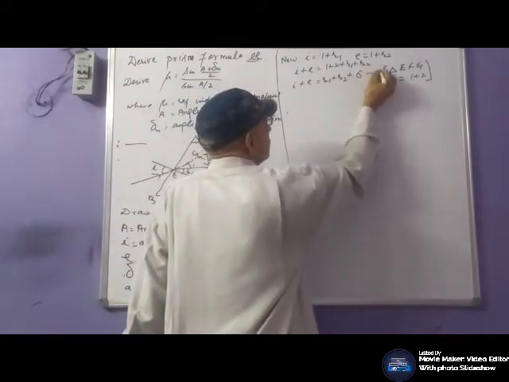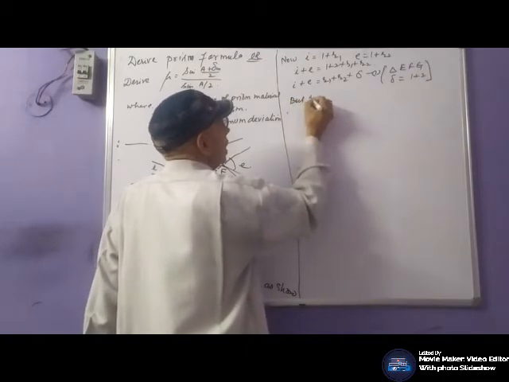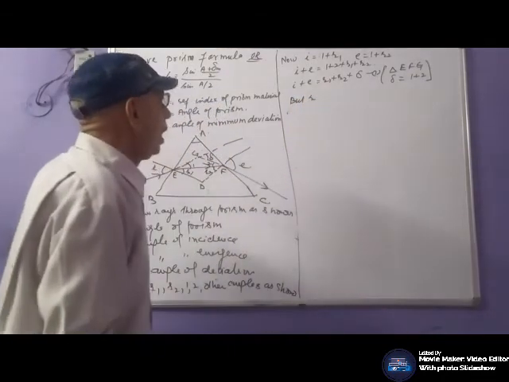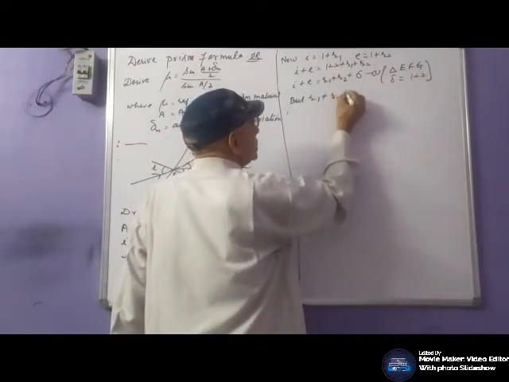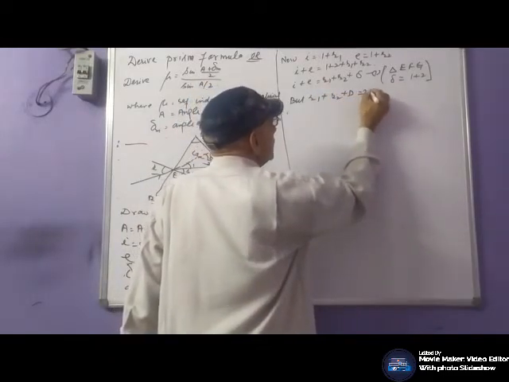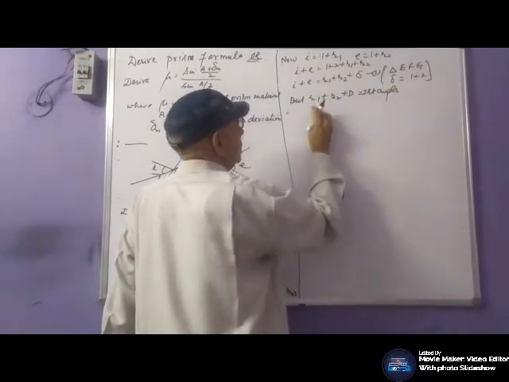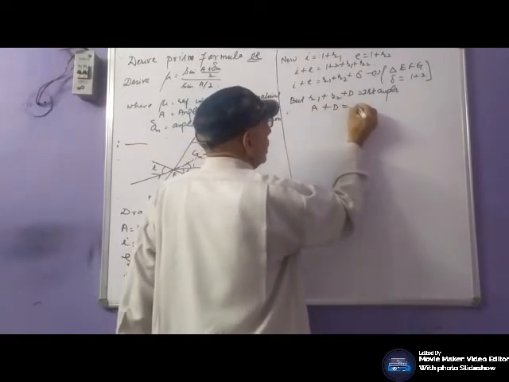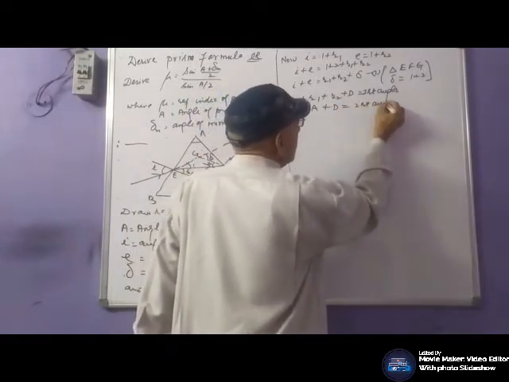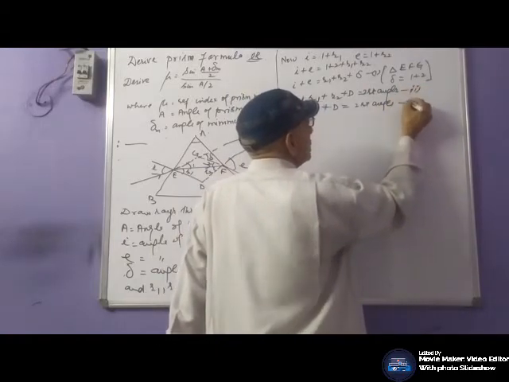But R1 plus R2 plus D, two right angles, A plus D, two right angles, already done. Second, third.